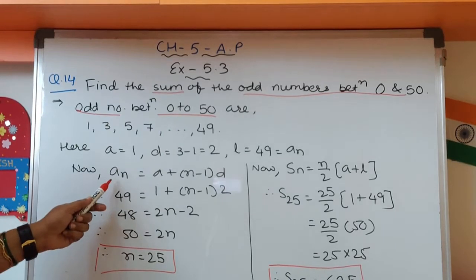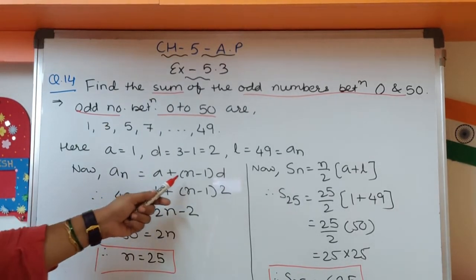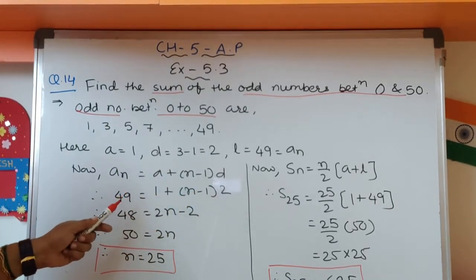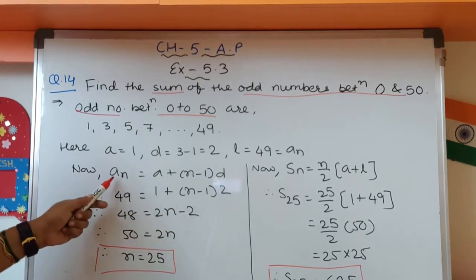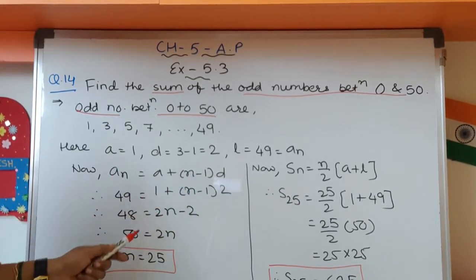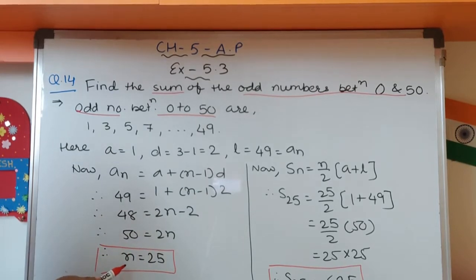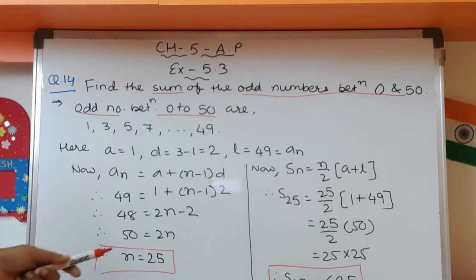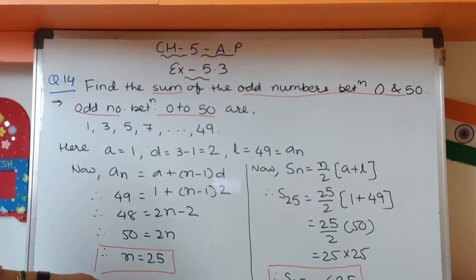For that, we use the formula An is equal to A plus (n minus 1) d. Now substitute the values: An is 49, A is 1, d is 2, and after simplification we got small n equal to 25.